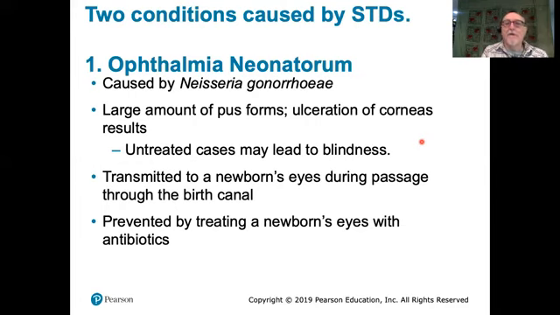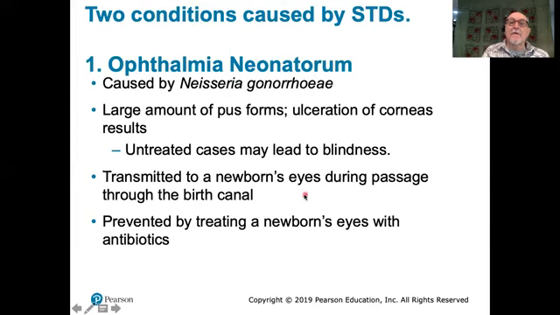But when they give birth, the Neisseria gonorrhea, which is the causative organism, spreads all over the child, all over the skin, and especially into the eyes. And it causes this ophthalmia neonatorum, which is very dangerous inflammation of the eyes.